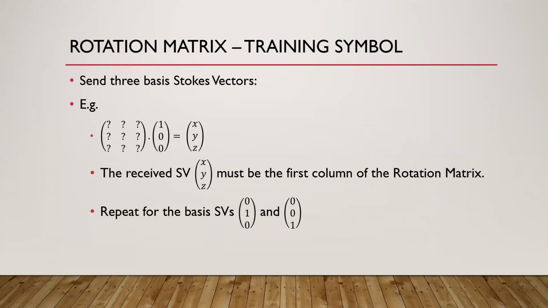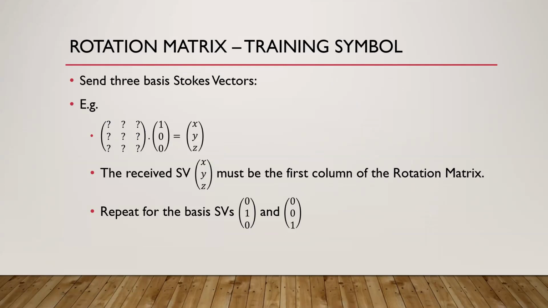The training symbol is the simplest, and it's really like calibrating a piece of equipment. So what we do is we transmit a basis Stokes vector 3 times. We start off with 1, 0, 0. If you imagine here where the question marks are, that's not the inverse rotation matrix, but the actual rotation matrix. So we multiply that by the transmitted signal, which can be described as the 1, 0, 0 Stokes vector.